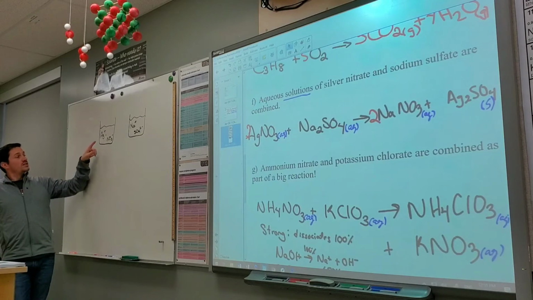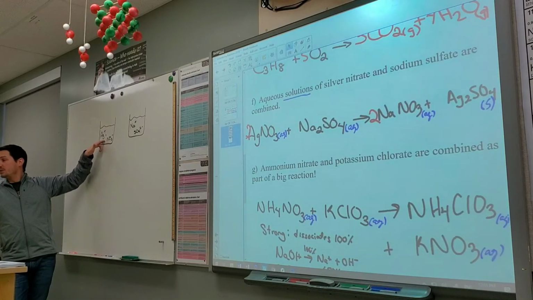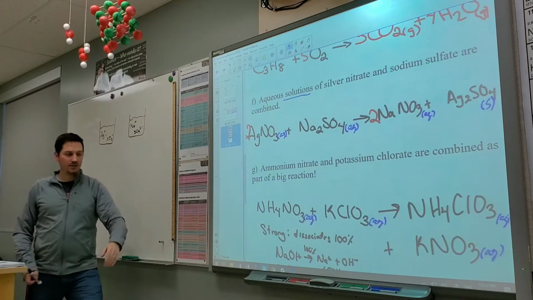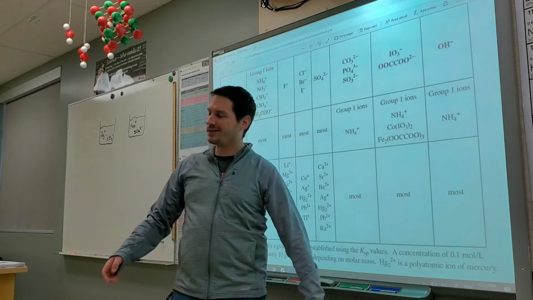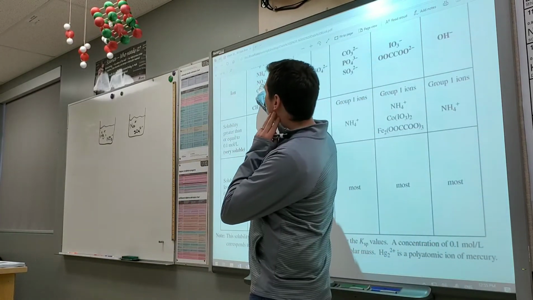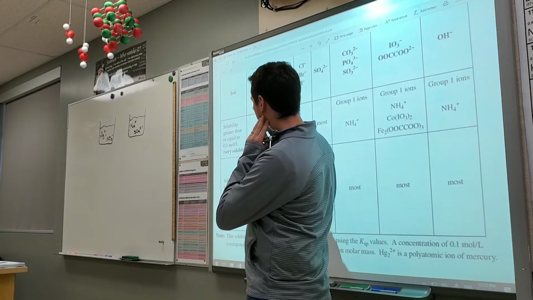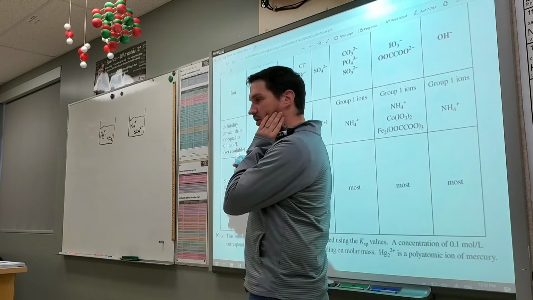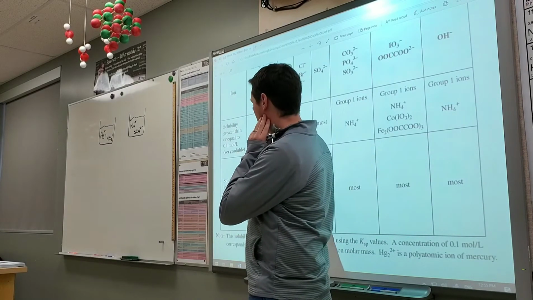So silver and nitrate, when they're together in the same beaker, do they form a precipitate? When we check our data booklet, and I'm going backwards here a little bit, when I have nitrate combined with silver, do they form a precipitate?